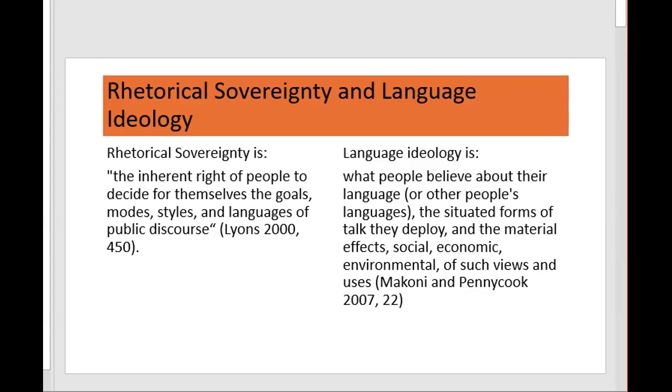And the second is language ideology. This is more a side of social linguistics and linguistics than of rhetorical studies. That is the idea of what language is, what people believe about their language and other people's languages, and the situated forms they deploy, the material effects, social, economic, environmental, of such views and uses of language, as a materiality, as a functional dimension in the world.